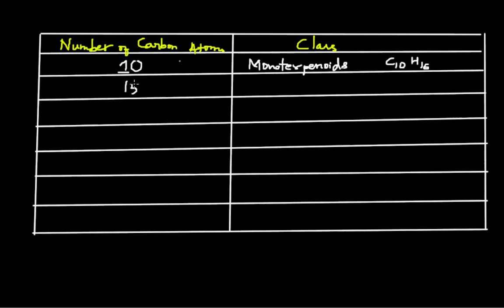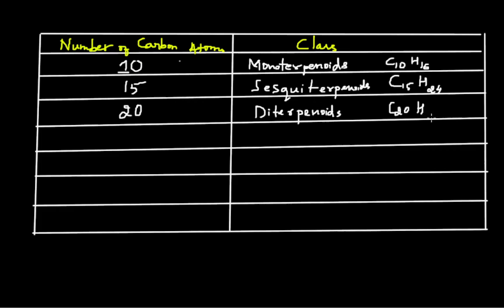If they are 15, so they are called sesquiterpenoids, and these are C15H24. If they are 20, they are diterpenoids, C20H32.